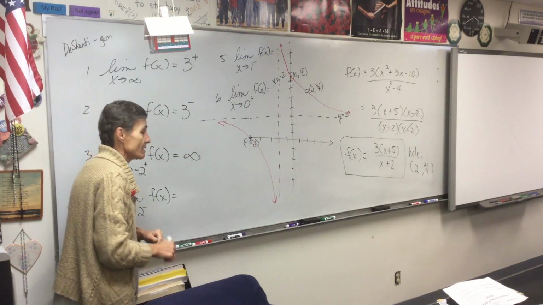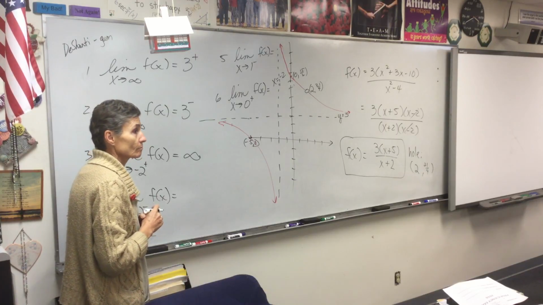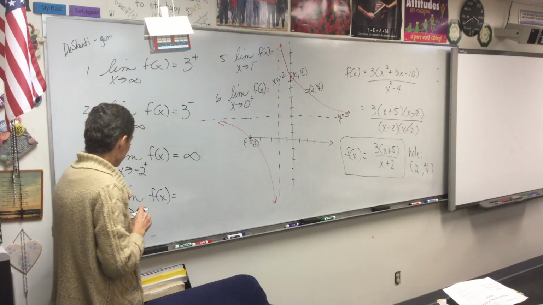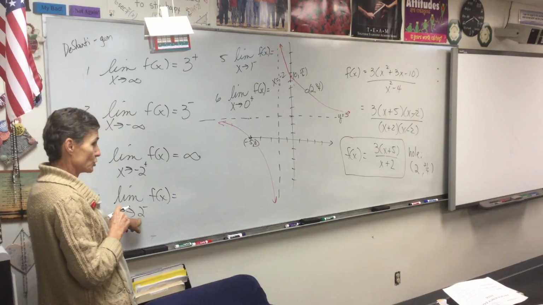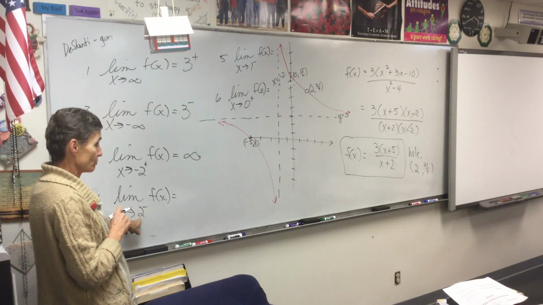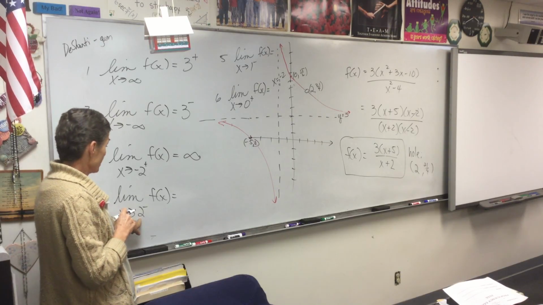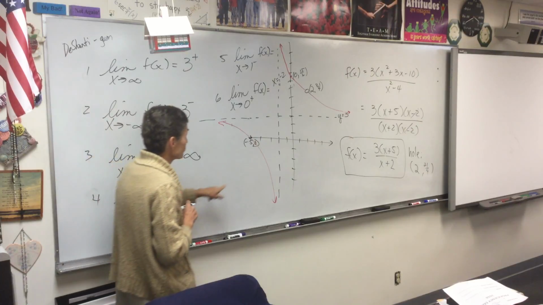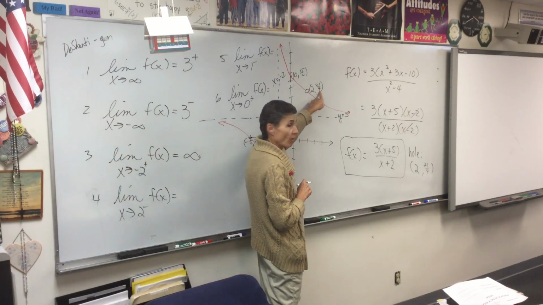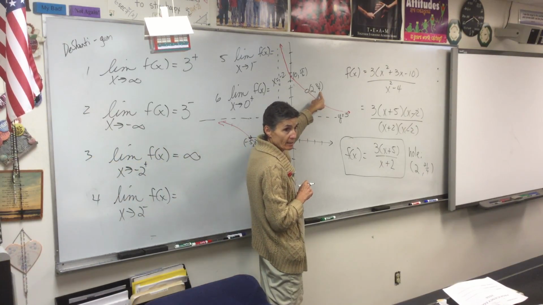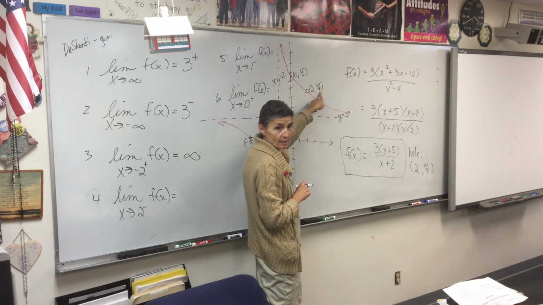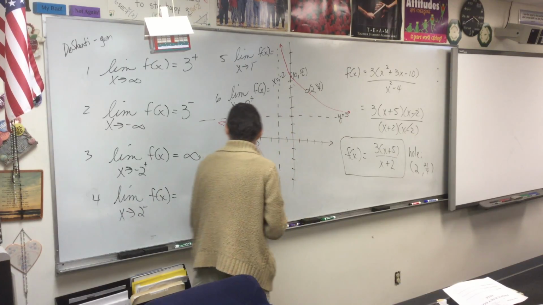All right, how about one of the other ones? Now watch it. This is a 2, not a negative 2. So as we approach 2 from either direction, the answer is 21 over 4.